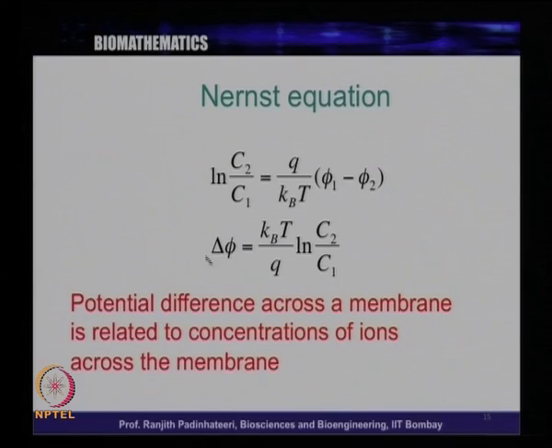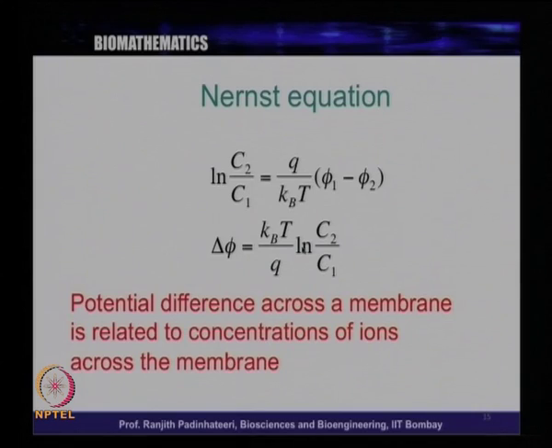If I call this delta phi, then delta phi is equal to kBT by q into ln C2 by C1. So, the potential difference across the membrane is related to the concentration difference. In other words, it is related to the equilibrium concentrations of ions across the membrane.